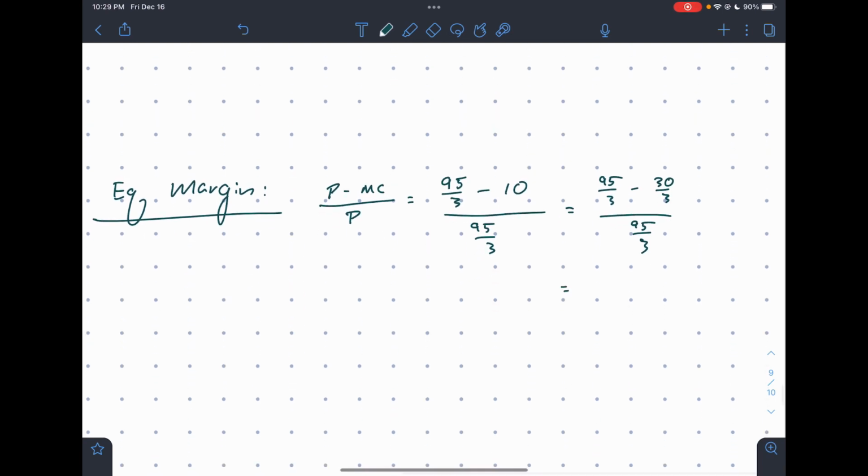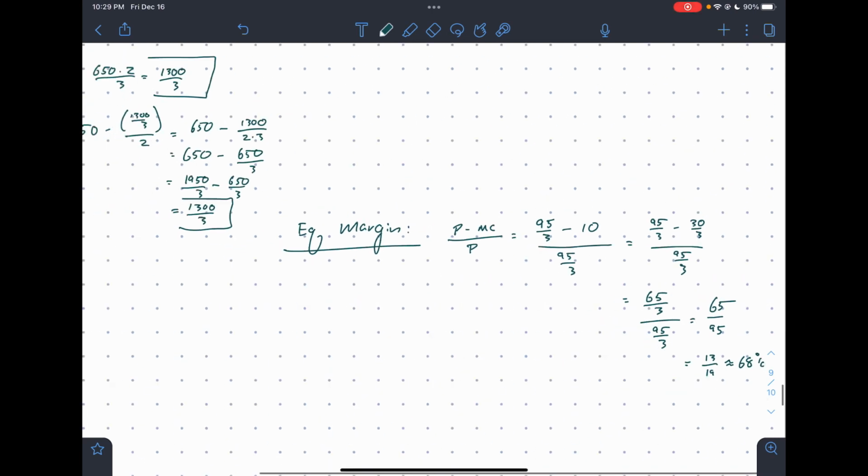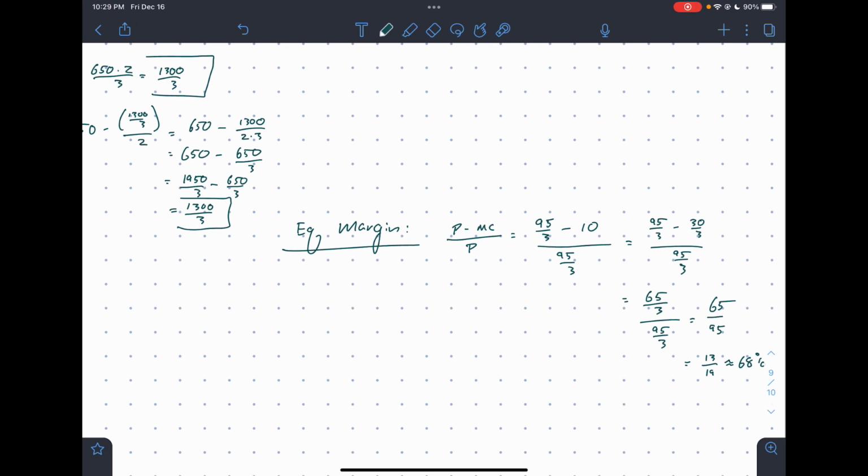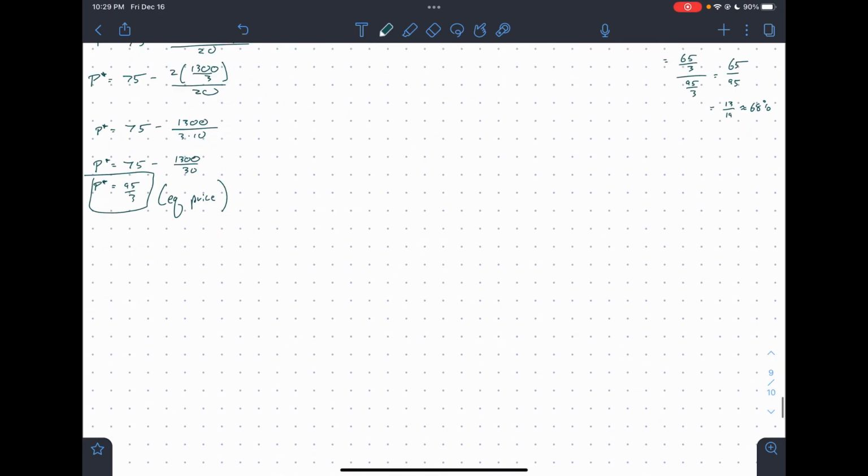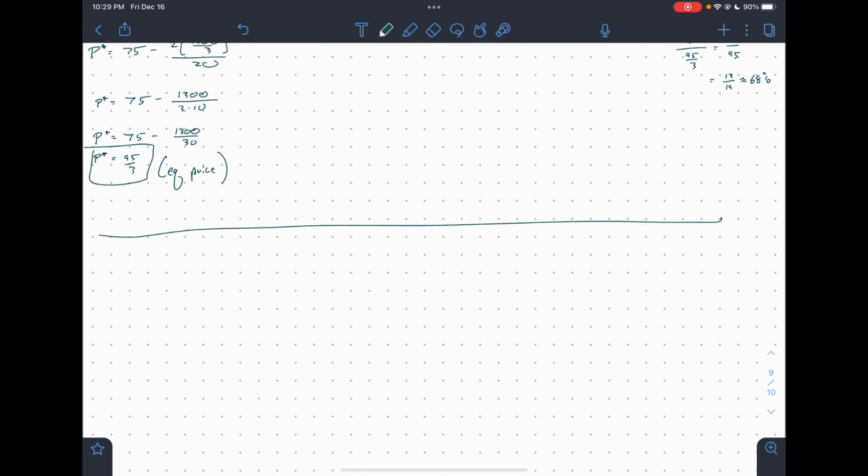And just simplifying this, I will get 65 over 3 divided by 95 over 3. So that's just 65 over 95. In other words, that's 13 over 19, which is approximately, I think, 68%. Okay, so the equilibrium markups in this case are going to be 68%, or the equilibrium margin is going to be 68%. Okay, so that is part B.